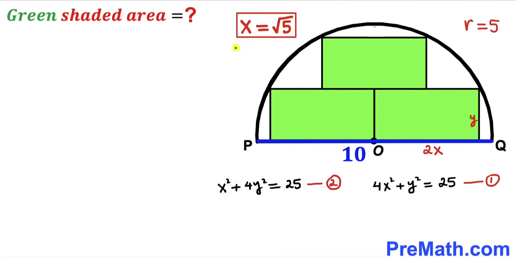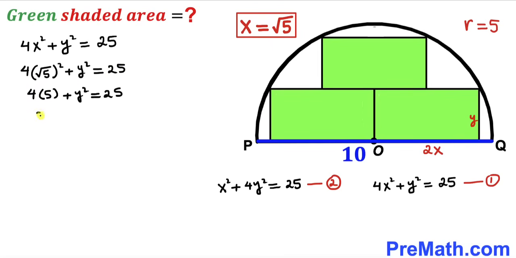And now our task is to find the value of y as well. So we are going to focus on equation 1 once again. Here I have copied down equation 1. Now I am going to substitute the x value as square root of 5. So we could write 4 times square root of 5 whole squared plus y squared equals 25.